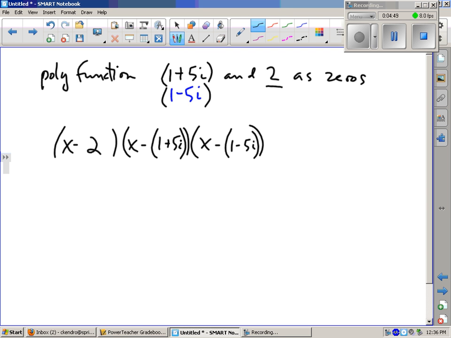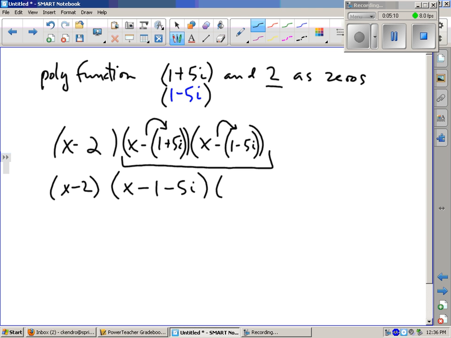Okay, now the easiest way to do these is to FOIL these two together, and then we'll wait till last to do the x minus 2. So I'm going to distribute the negative signs inside these little parentheses to get rid of those interior parentheses. X minus 2 is still there, then x minus 1 minus 5i, and x minus 1 plus 5i. All right, so let's start with x.